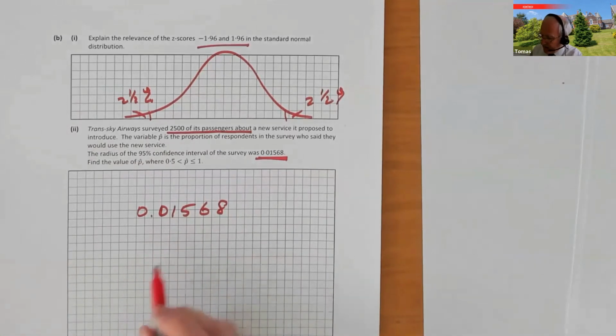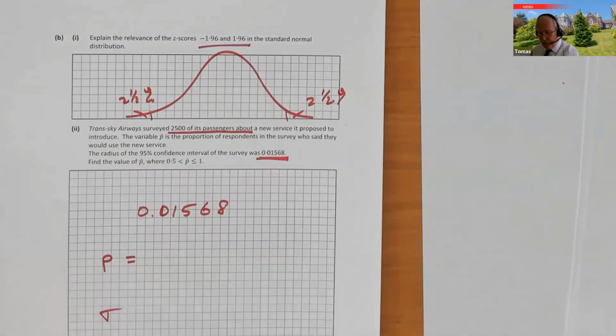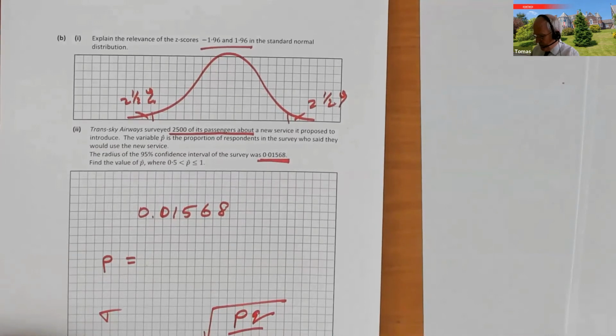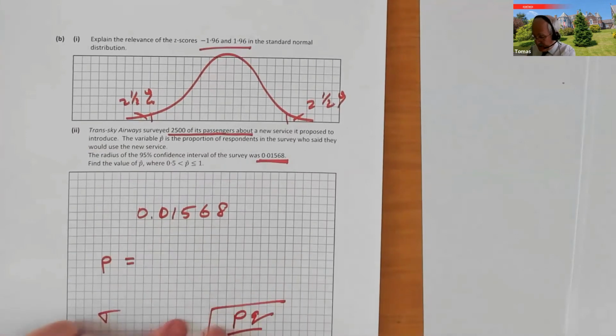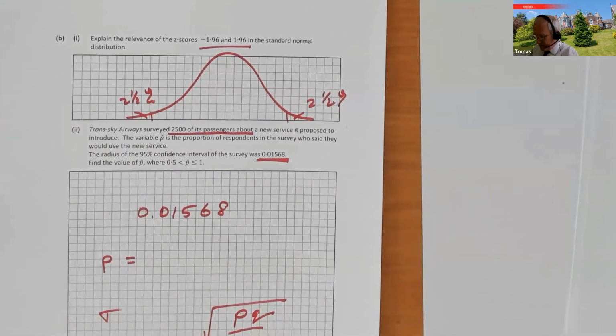Really what they're saying is if the proportion of something is P, then the standard error, instead of being sigma, is actually the square root of PQ over N, or P(1 minus P) over N. And if that's the size of the standard deviation, in this case the standard error, 1.96 plus or minus on both sides equals 0.01568.